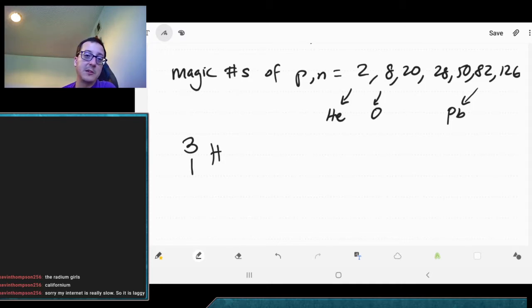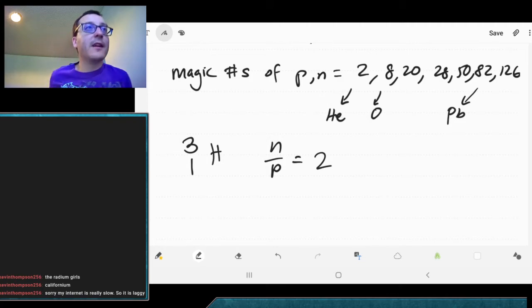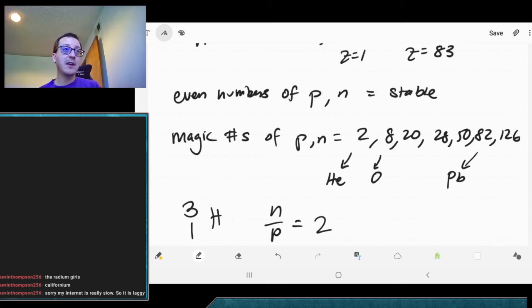This is still an unstable one, because the neutron to proton ratio here is 2. So that's really, really high. So this is going to definitely decay for us. So we still want our neutron to proton ratios following that between 1 and 1.5 idea. So these are not guaranteed to make anything stable, just like having even numbers doesn't guarantee anything to be stable either. But these are just trends that we see. So those things tend to make you a little bit more stable.